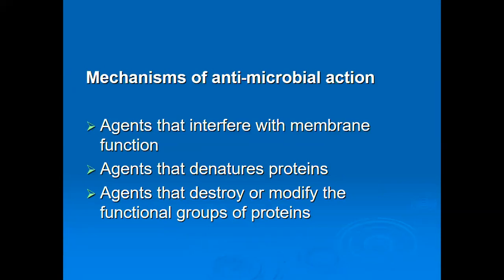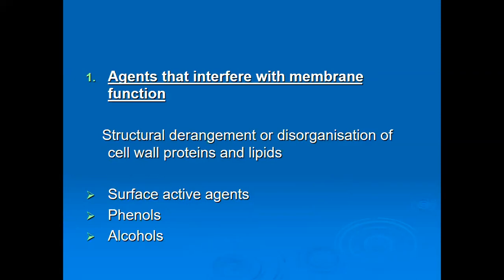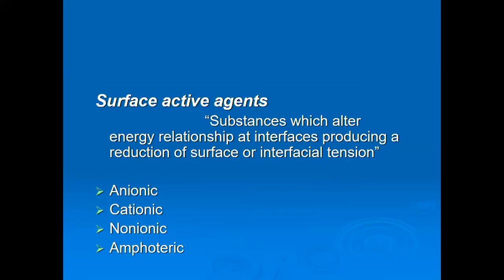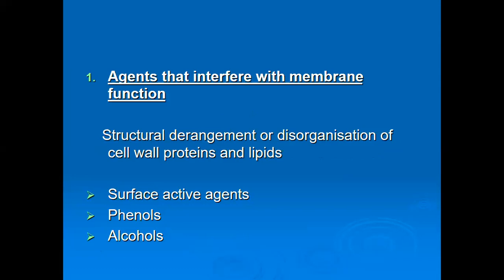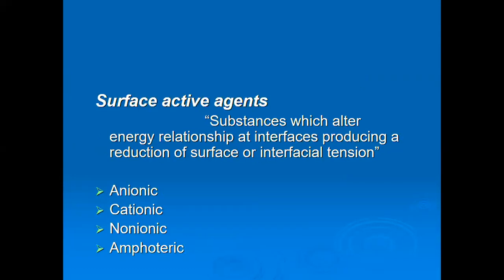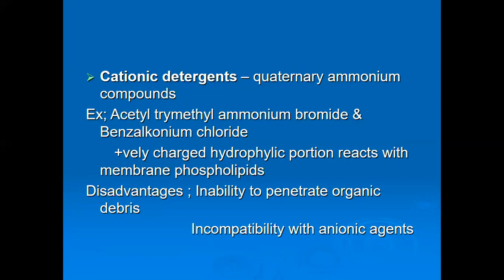Mechanisms of antimicrobial action. You have something called surface active agents. These are the substances which alter the interfaces. You have got anionic, cationic, non-ionic, amphoteric. You have got cationic detergents.